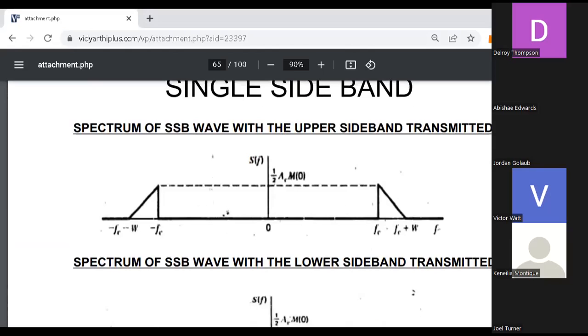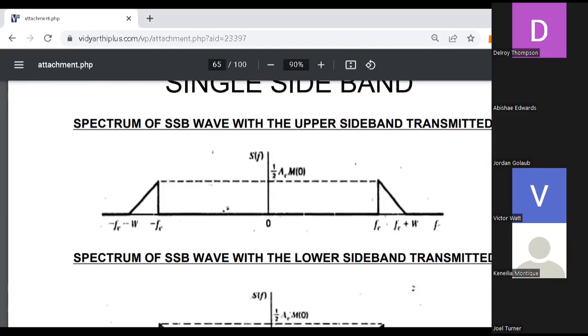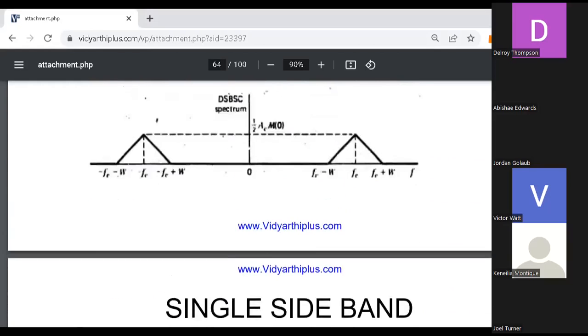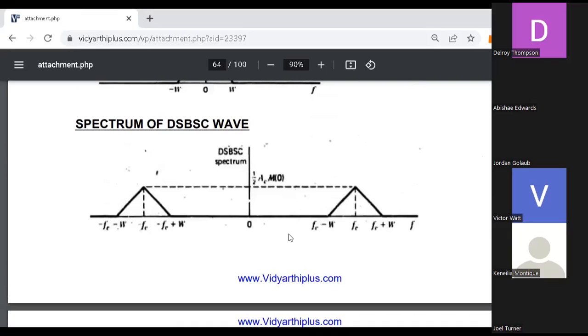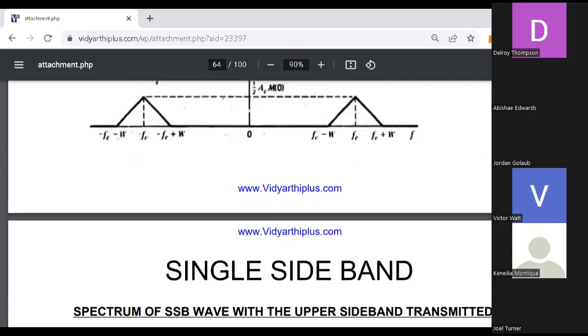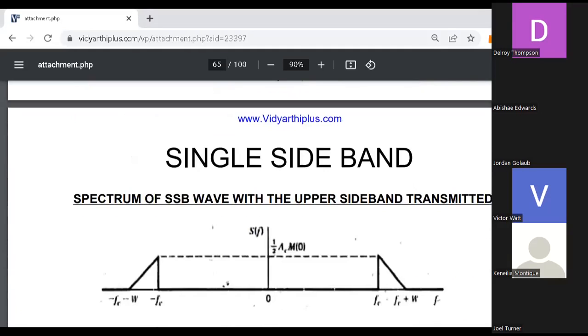So if you notice what we do here, we're going to take off this portion and this portion, so we don't totally kill one of the bands.